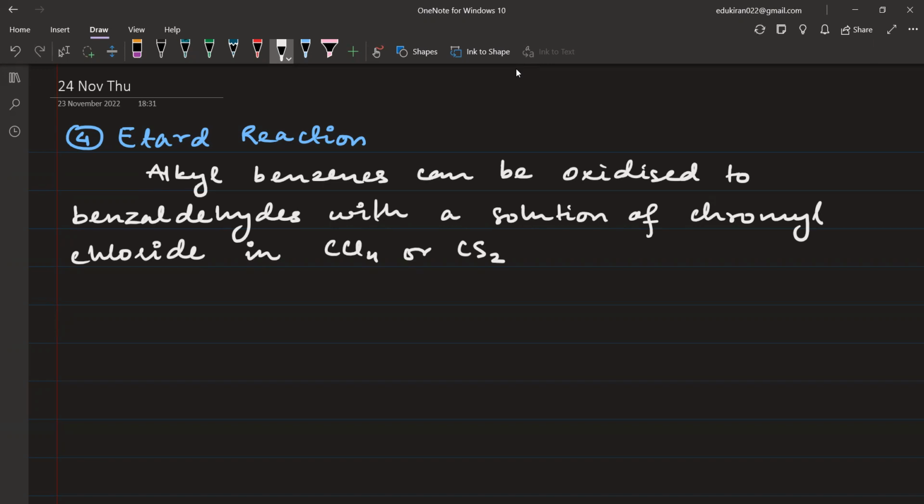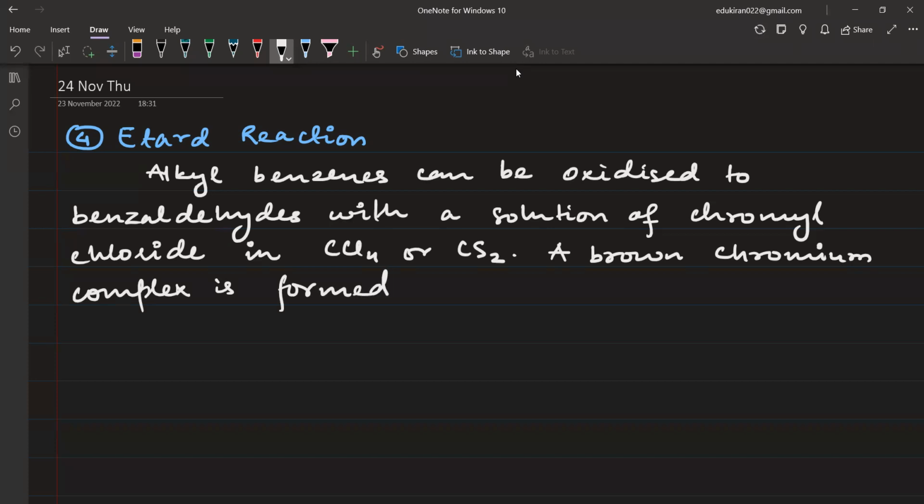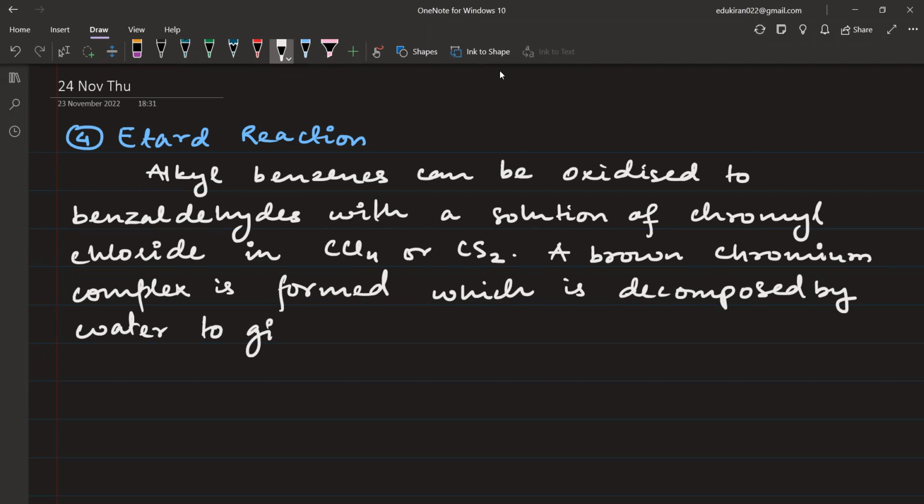Right, next, a brown chromium complex is formed, which is decomposed by water to give benzaldehyde.